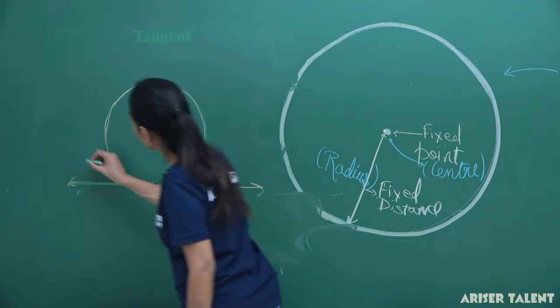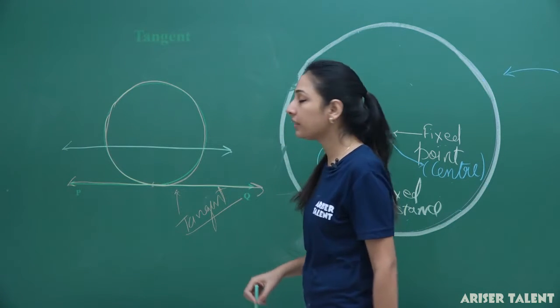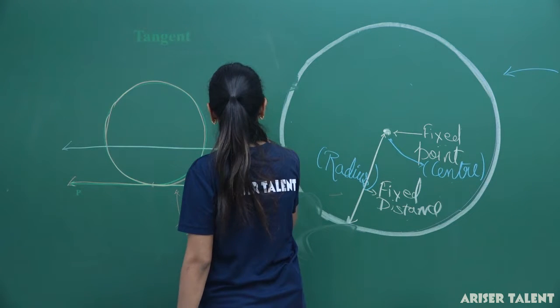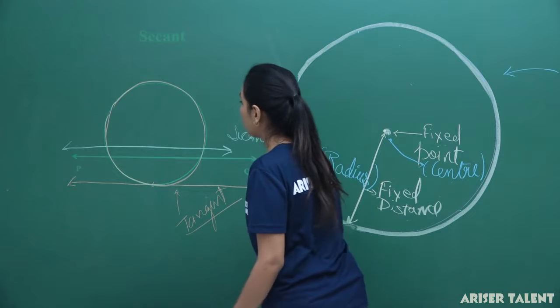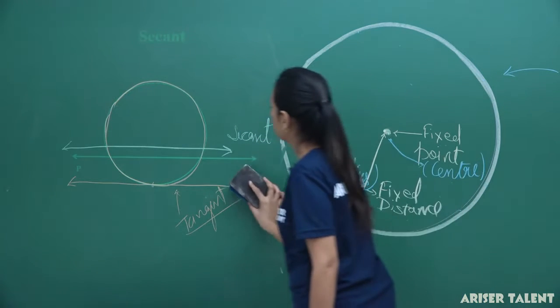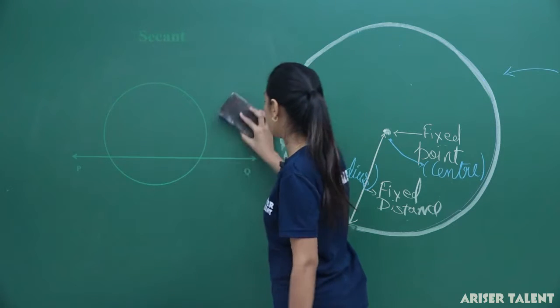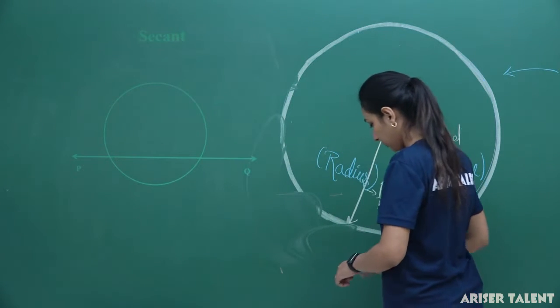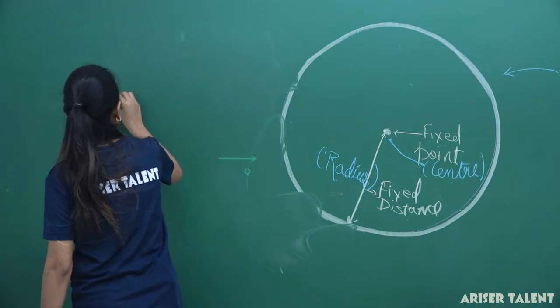Okay, what if we have something like this here? What is the name here? The name here is secant, or you can see it in the next figure. So this was the tangent and this is the secant. Let me be very clear to you guys what the difference is here.